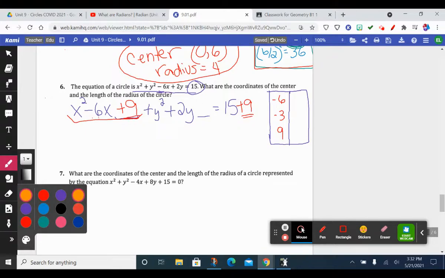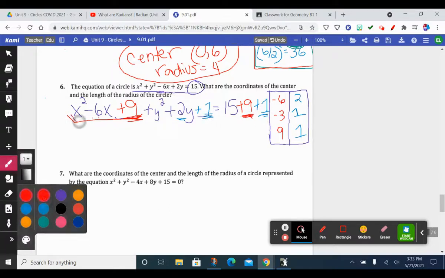Then for the b box for the y values, we have a b value of 2. 2 divided by 2 is 1, and 1 squared is 1 again. So we need to add 1 here to each side. Again, that keeps it balanced. So we added a 9 to both sides, and we added the 1 to both sides.